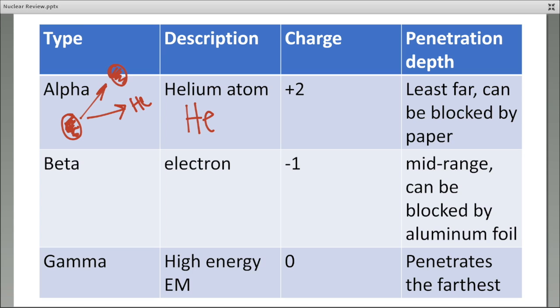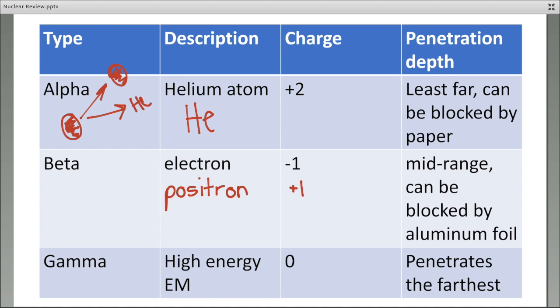Beta radiation is medium dangerous, I guess. What I saw in your test and in your notes is that it produces an electron with a -1 charge. But when I used to teach, we also talked about it producing a positron, which is basically an electron, but a positive one.